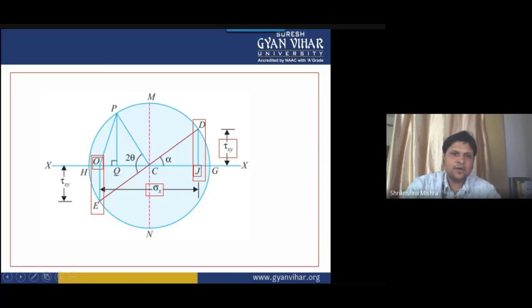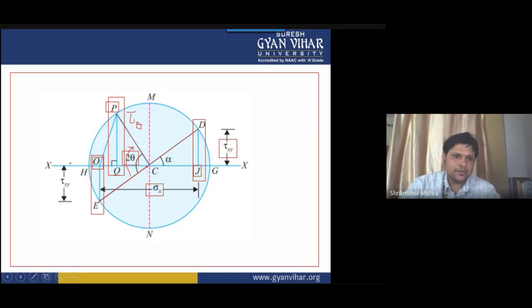Finally, after drawing the circle, we will mark an angle equal to 2 theta from this CE length. From this CE, students, we will mark this angle in this way. And the line which you will draw from this 2 theta angle will intersect the Mohr circle; name that point P. Now, when you measure the length from this P to Q, you will get the value of shear stress tau theta on that inclined plane.